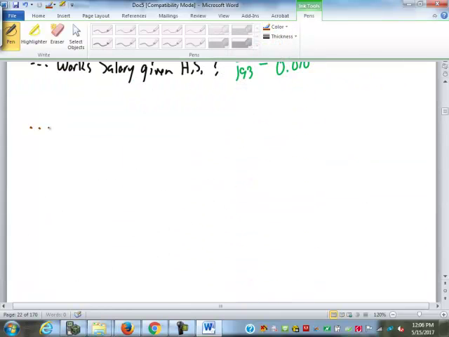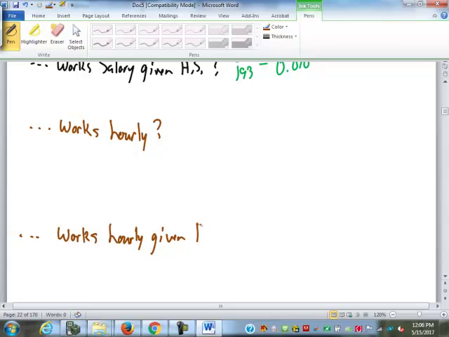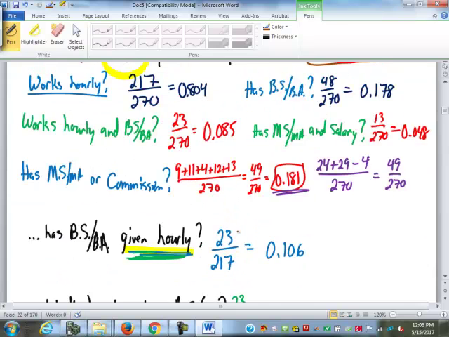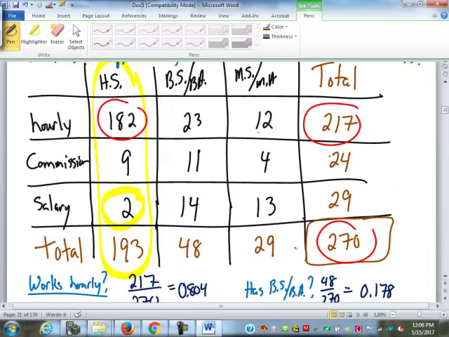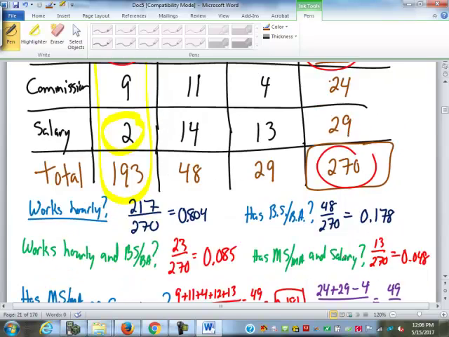So what is the probability that a randomly selected employee works hourly, compared to works hourly given they have a high school or less education? Well, we have 217 out of 270 is our hourly.